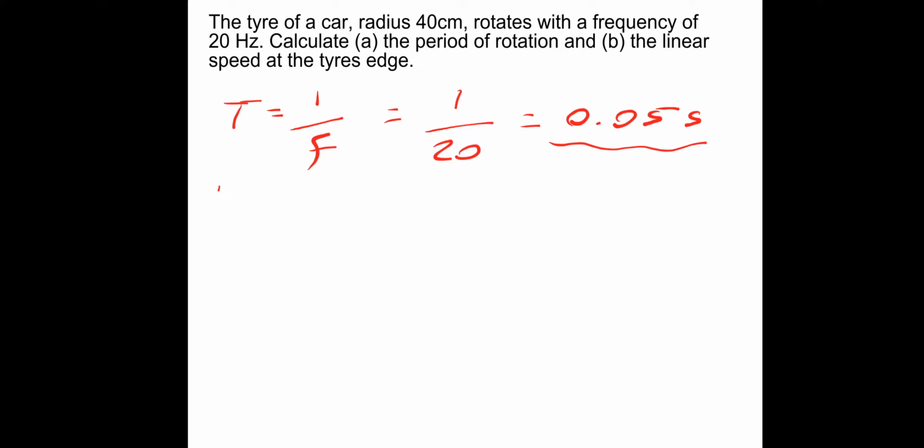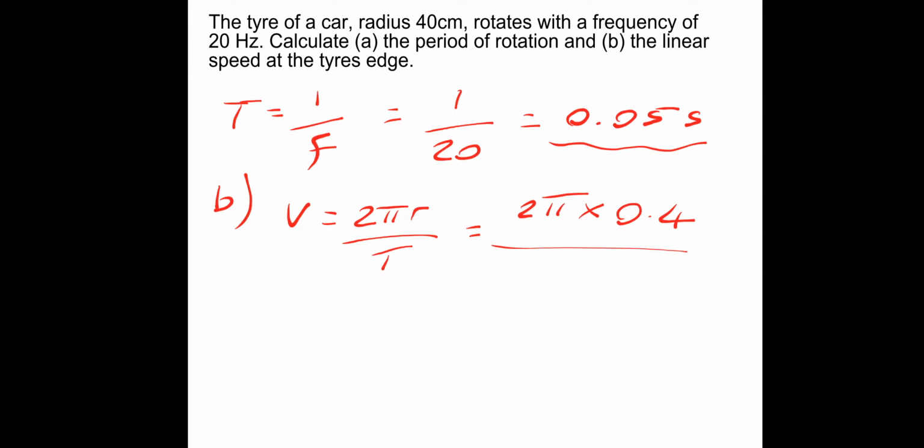And then part B, linear speed at the tyre's edge. That'll be v equals 2πr over T, or you could do 2πrf, either or, it doesn't matter. So it'll be 2π times the radius, which is 40 centimeters, which is 0.4 meters, divided by the time period, 0.05 seconds.